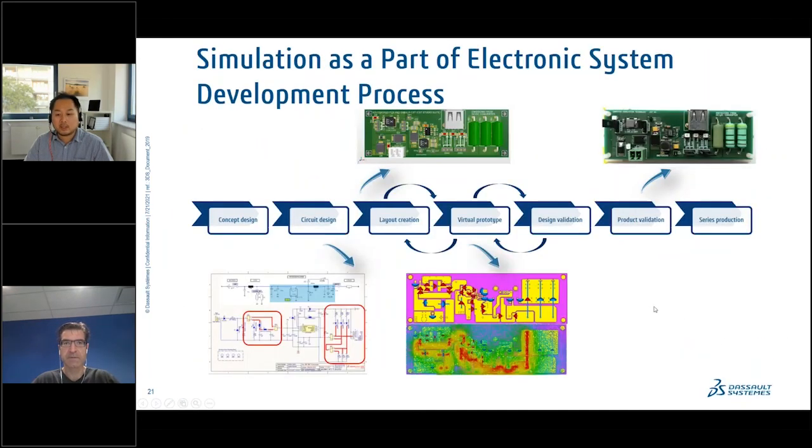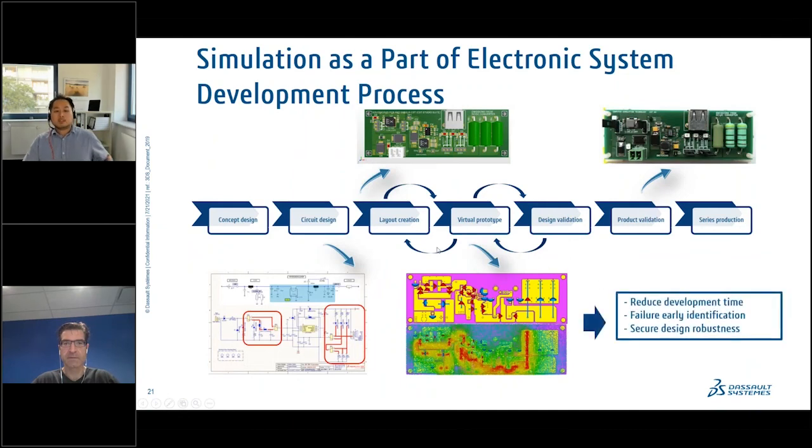And then at the end, just to show you some benefit with a simulation. If you have a simulation as an integral part of your development process, you can have several development loops using virtual prototyping, where you can directly modify and see the improvement of the layout without necessarily having the first prototype.